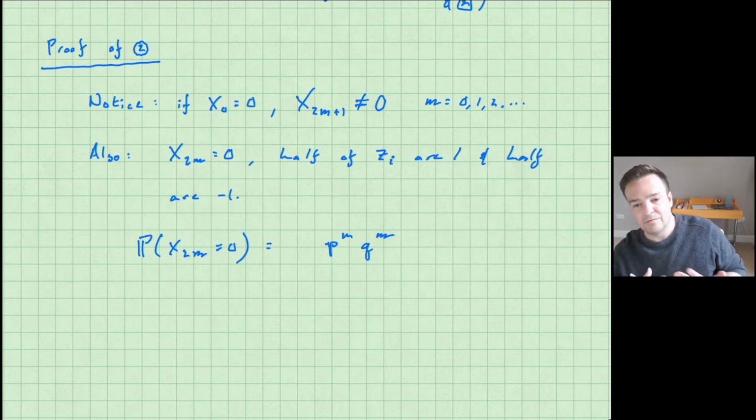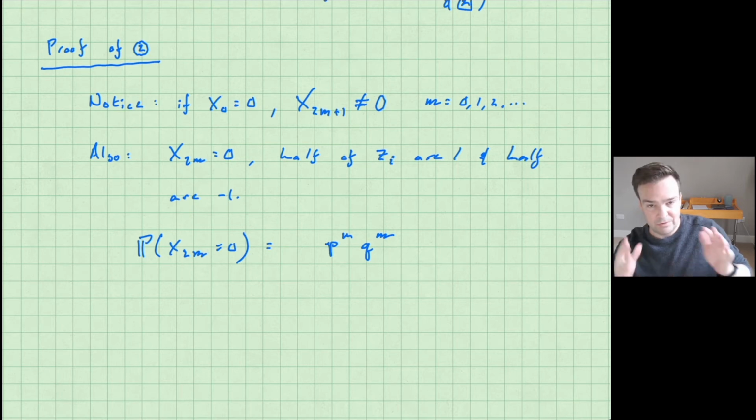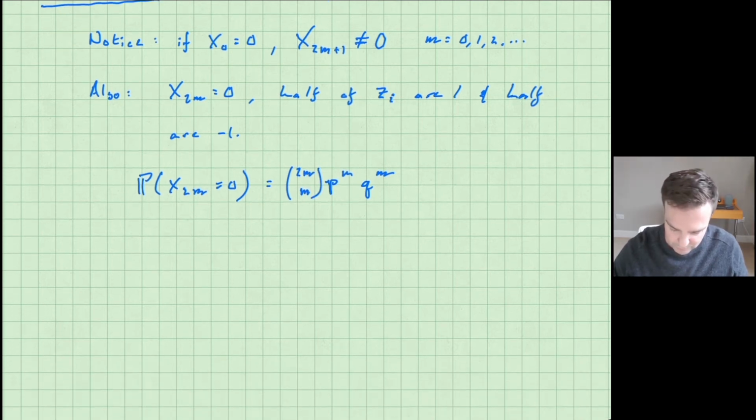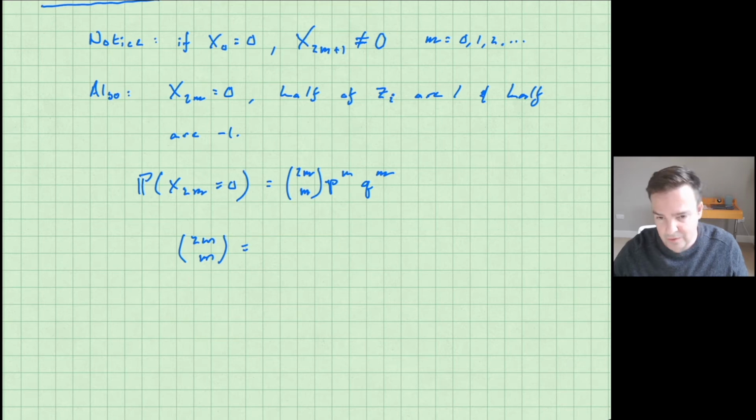But there's a lot of different ways to do this, different orderings. You could go all to the right and then all to the left, or you could do it in different orders. And so there's a binomial coefficient here, 2m choose m. Just a reminder, if it's been a while, in words, it's the number of arrangements for the m plus 1s in the 2m trials.